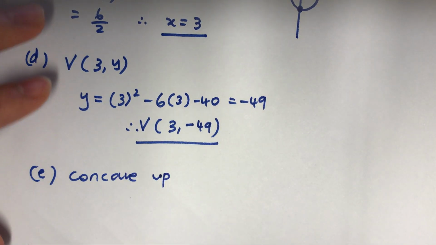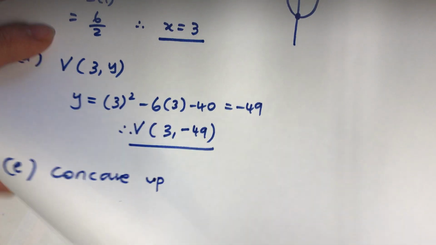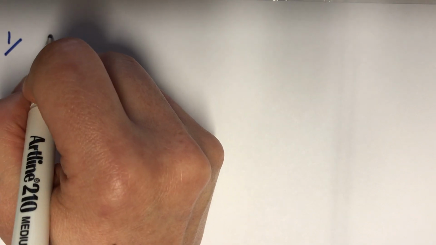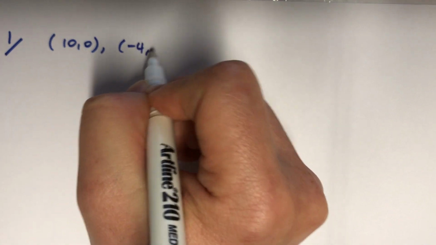And now I have to sketch all this. So let's have a look at all the information we had. First, what was all the information I had? When y equals 0, the X-intercepts are 10, 0 and minus 4, 0.